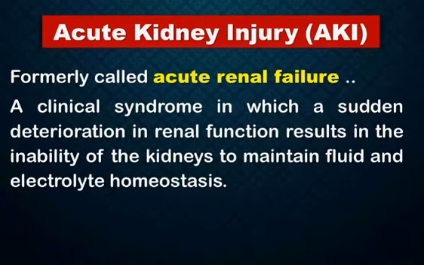Of course, it is a clinical syndrome in which a sudden deterioration in renal function results in the inability of the kidneys to maintain fluid and electrolyte homeostasis. We said fluid and electrolyte homeostasis is the principal, the main, the essential function of the kidney. So if there is a rapid, sudden deterioration within just a few days, this will lead to a clinical syndrome called acute kidney injury.